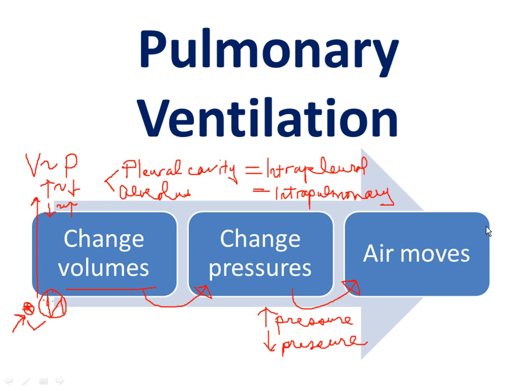So again, if we look at the moral of the story first, if I increase these volumes, I will cause a drop in the pressure inside those volumes. If I can make this pressure less than the pressure of the atmosphere, the air around me, air moves inside, and vice versa. So let's take a look.